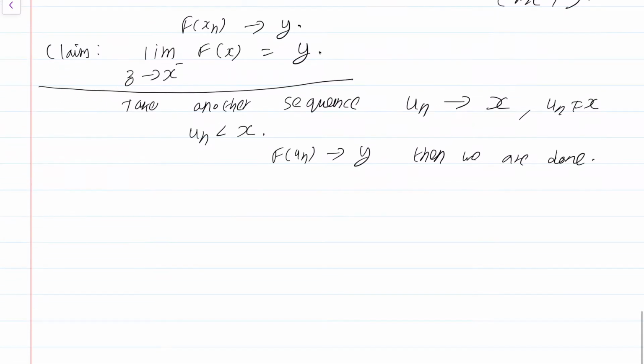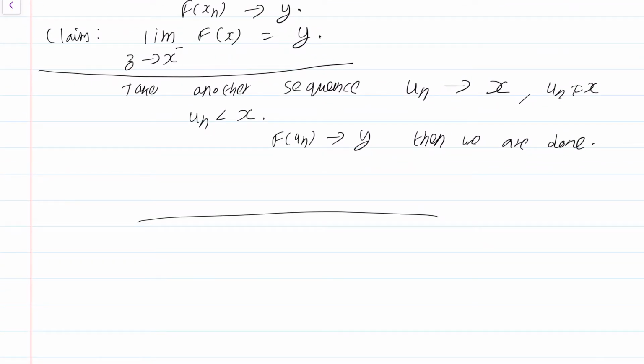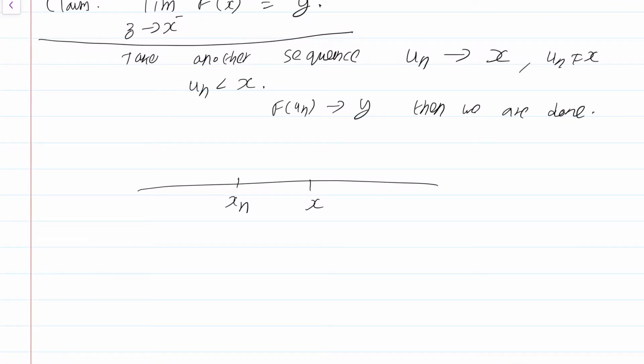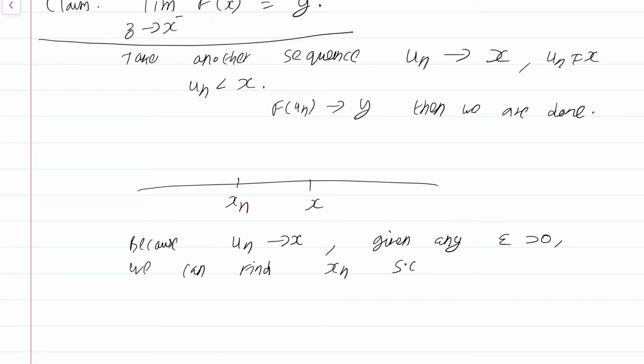Well, think about what is happening. We have this point x and we have this sequence xn. Now because xn converges to x, given any epsilon greater than 0, we can find a capital N such that two things happen.